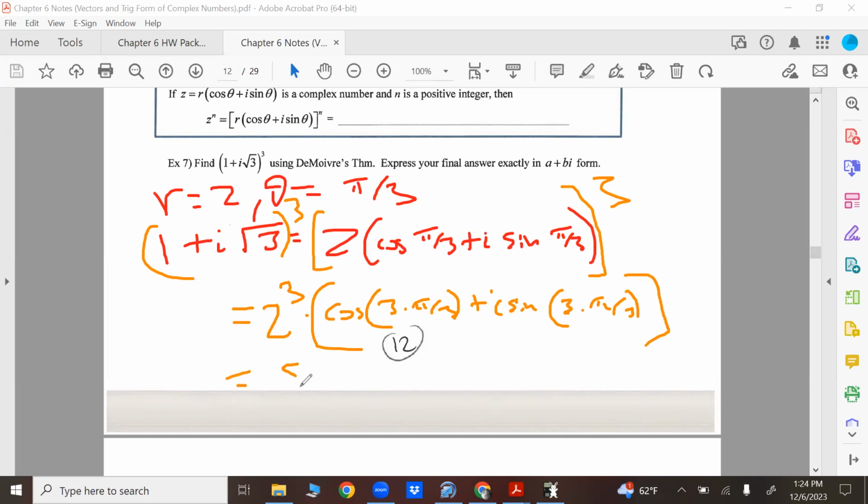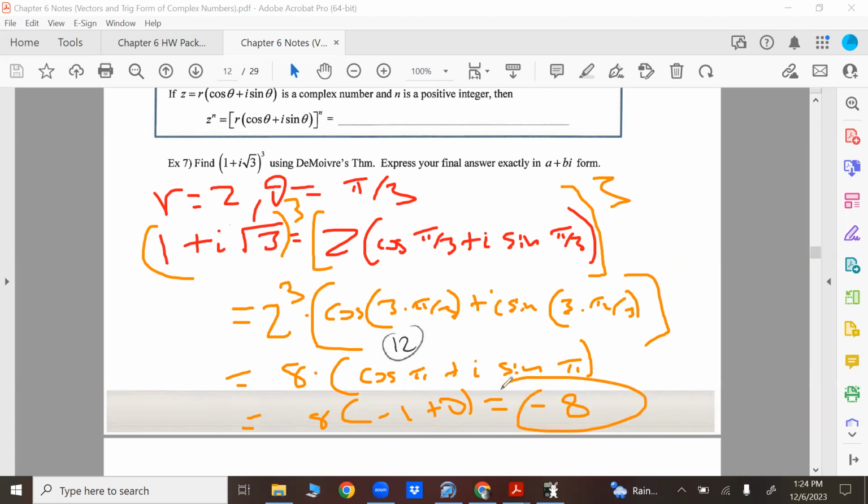Oh, that was my mistake. Cosine pi plus i sine pi just equals 8 times negative 1. That's negative 8. I got that. It's the same exact thing. If you did 1 plus i root 3 FOIL 3 times, you get the exact same thing. But this is just a more streamlined process.